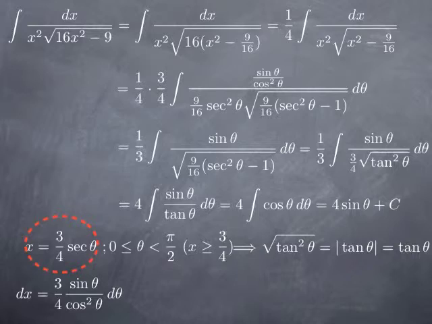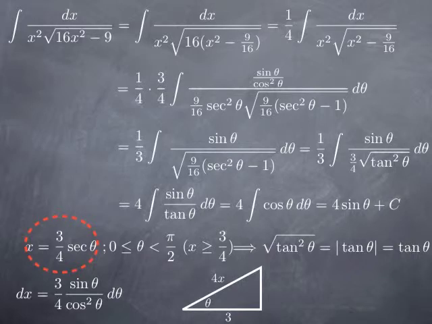Now we want an antiderivative in terms of x, so we go back to what x is. x is 3/4 of secant. That means 4x over 3 is secant, which is 1 over cosine. That means that cosine is 3 over 4x, and that's also the ratio of the adjacent side to the hypotenuse.